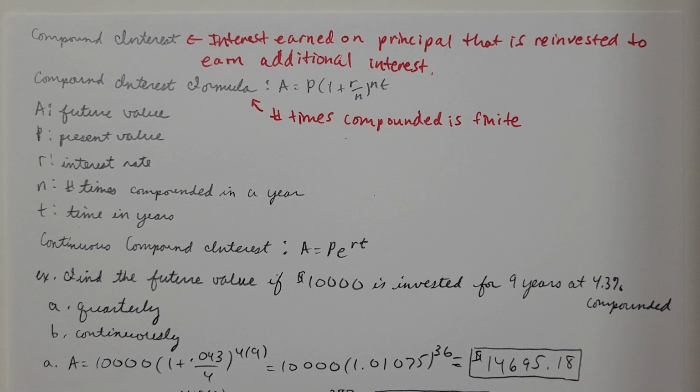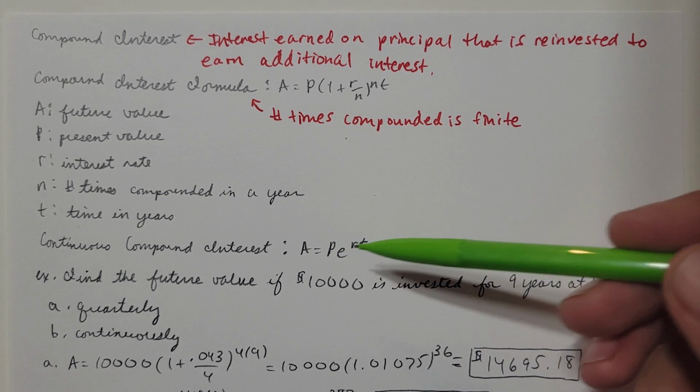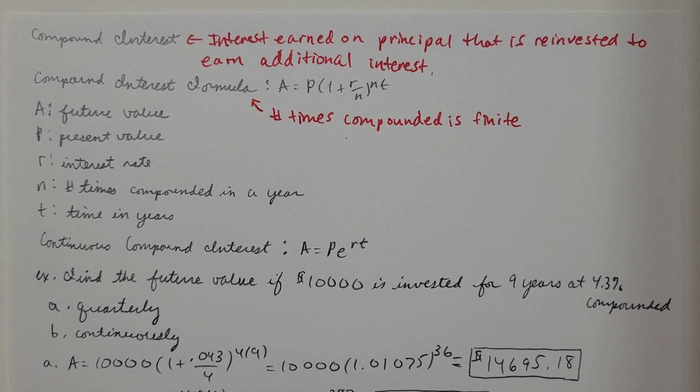The continuous compound interest formula is A equals P times E to the RT. So A is the future value, P is the present value, E meaning the number E, R is the interest rate, and T is the time, which is in years.